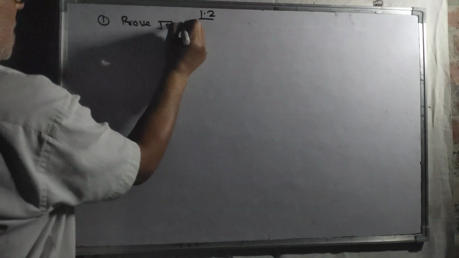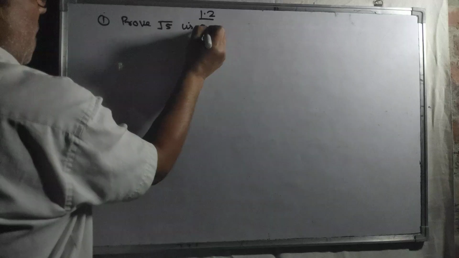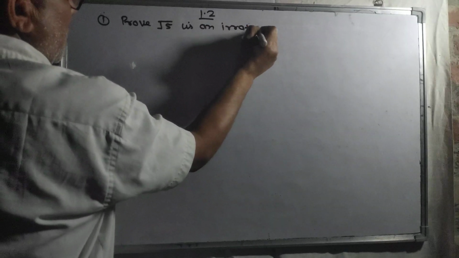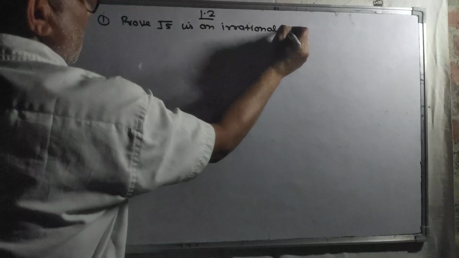Exercise 1.2, question first. Prove that root 5 is an irrational number.